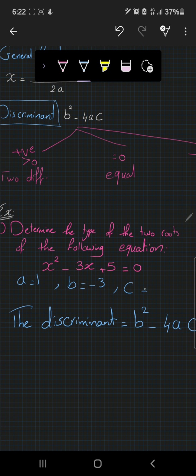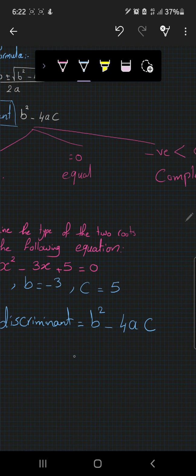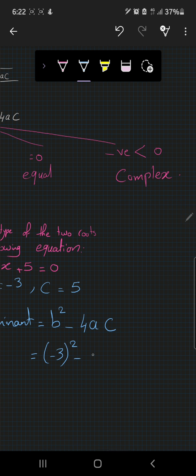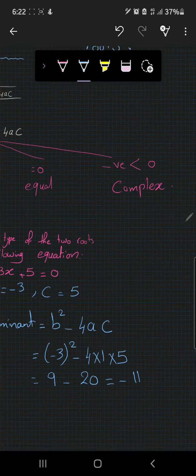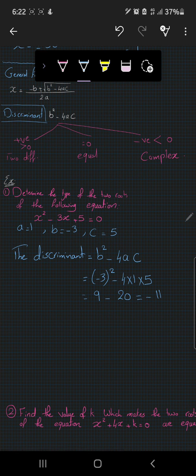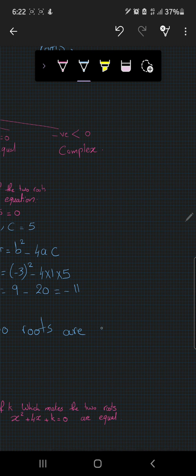And the absolute term c = 5. By substitution, (−3)² − 4 times 1 times 5 equals 9 − 20, which is −11. −11 is a negative quantity. So the two roots are complex and non-real.